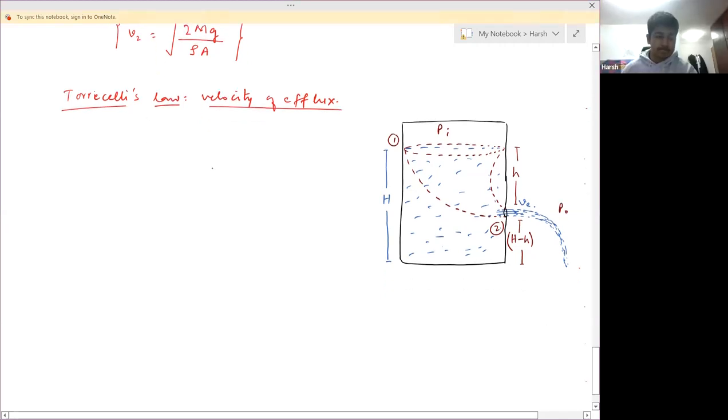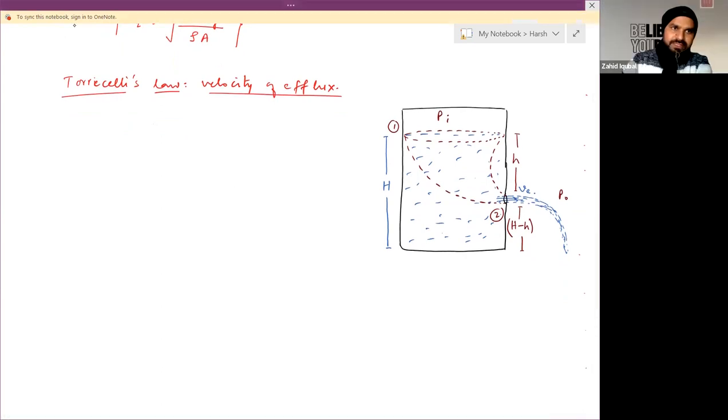Okay, so we have to prove this particular part. Let me define how to solve it.